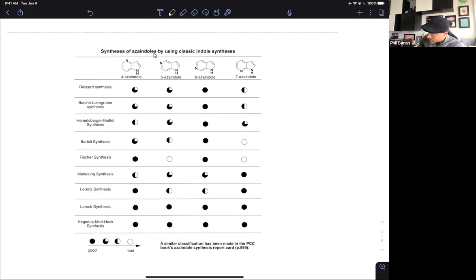But in general, you can take all of what we talked about in the lecture before when we talked about indoles and apply it to azaindoles, because you're just going to pretend that the pyridine is an aromatic ring. So you're just going to pretend you're dealing with an indole. And in the other instance, you're going to pretend that you're dealing with a pyrrole, and you need to fuse that on. As I said at the beginning of the class, roughly 70% of the time, you're going to take an azaindole and pretend that it's simply an indole.